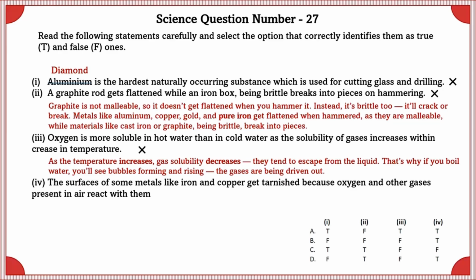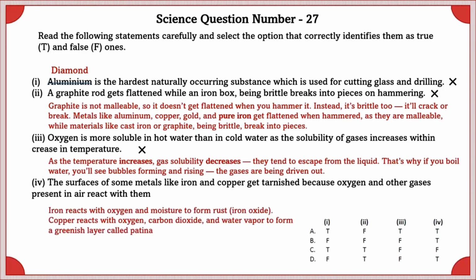The surface of some metals like iron and copper get tarnished because oxygen and other gases present in air react with them. Iron reacts with oxygen and moisture to form rust, iron oxide. Copper reacts with oxygen, carbon dioxide, and water vapor to form a greenish layer called patina. Yes, this is true. So the only correct option is the fourth option. And the correct option is the B option.